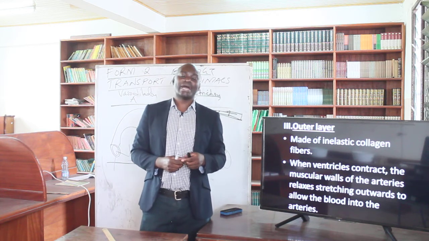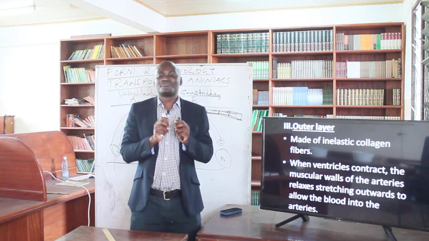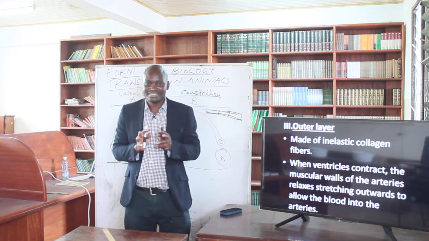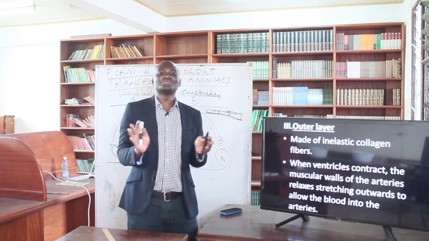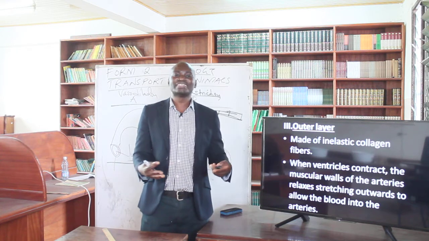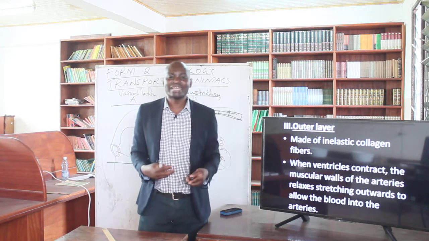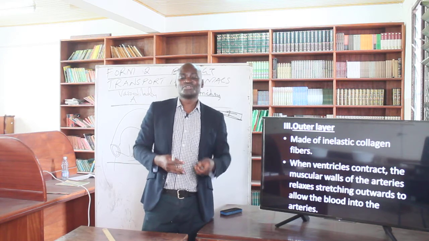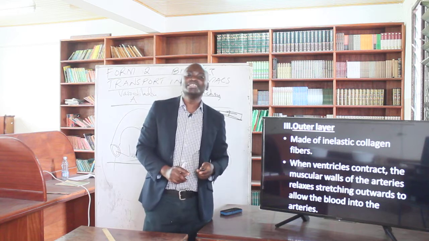So remember, the arteries receive blood from the heart, and when the ventricles contract, the way we saw last time, the muscular walls of the arteries must relax, stretching outwards to allow the blood into the arteries. So they expand as the ventricles push the blood into them.